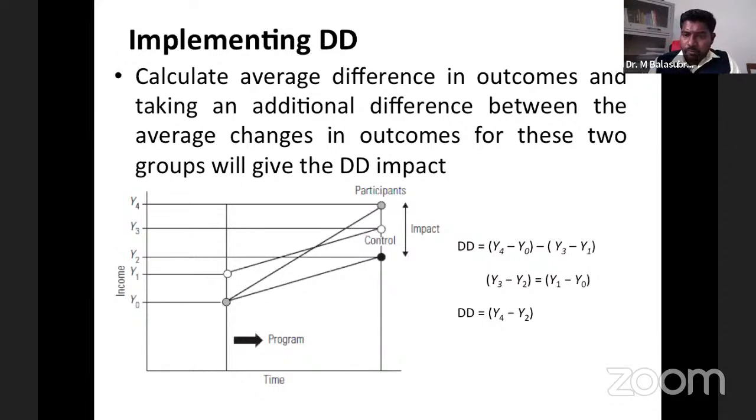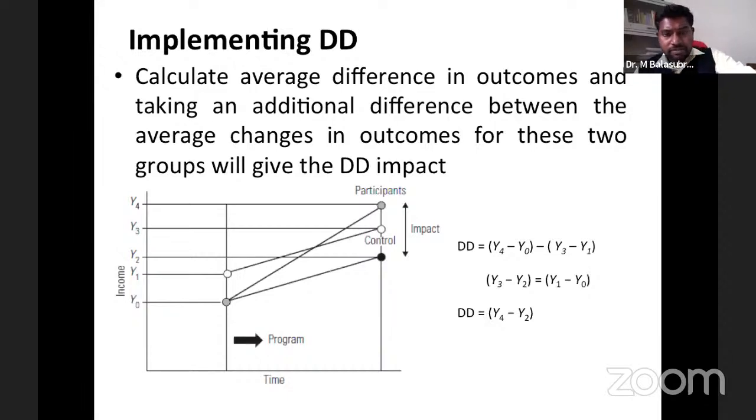As you may see here, the unobserved heterogeneity is time invariant, I said already. So the level which is altering from y2 to y3, if you take the difference y3 minus y2, this is not your correct impact estimate, because you are underestimating your program.